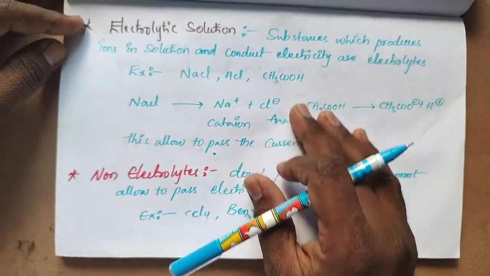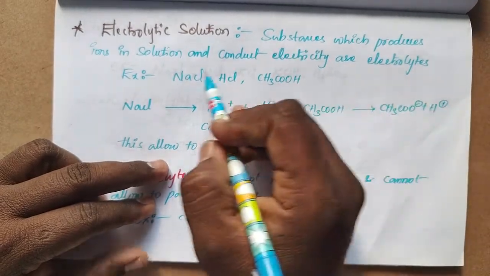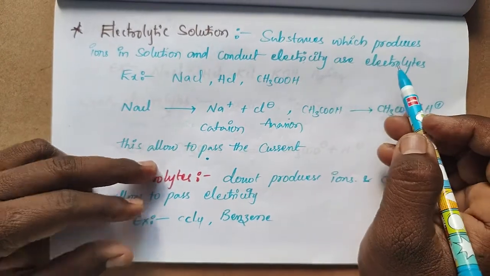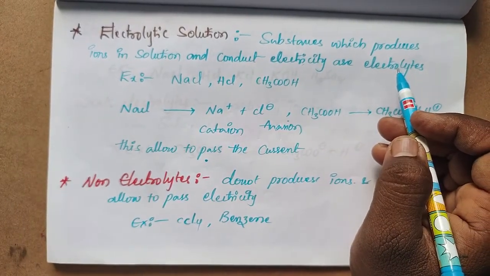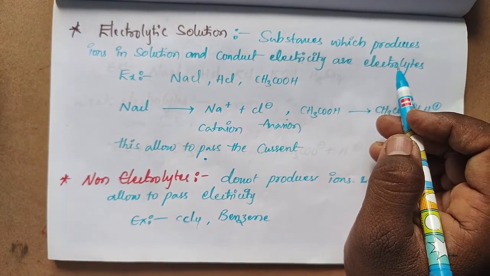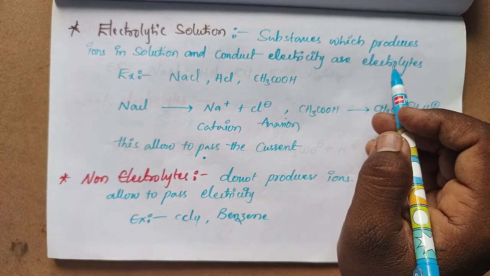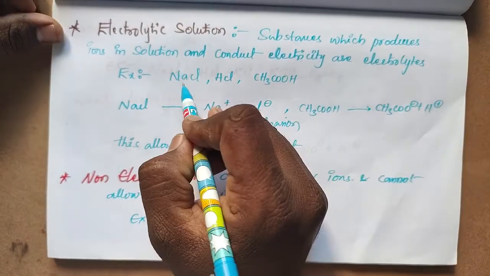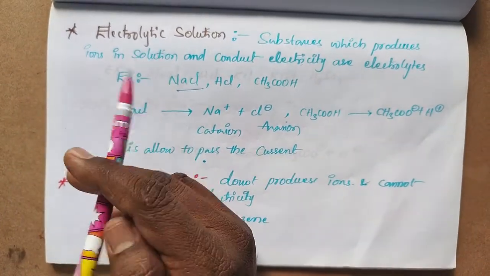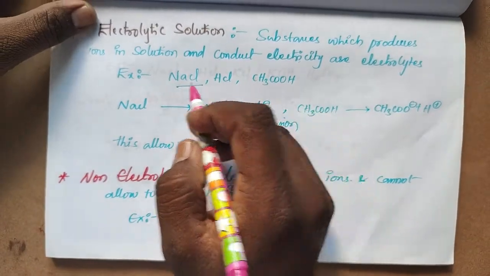Electrolytic solutions. Substances which produce ions in solution and conduct electricity are electrolytes. The substances that produce ions in solution and allow the current to pass are called electrolytes. For example, NaCl (sodium chloride), HCl (hydrogen chloride) and CH3COOH (acetic acid) act as electrolytes.